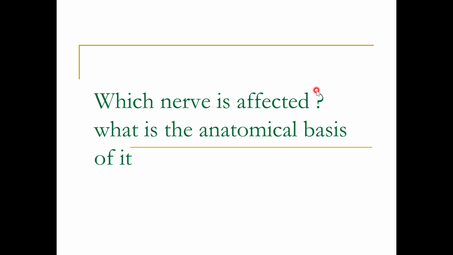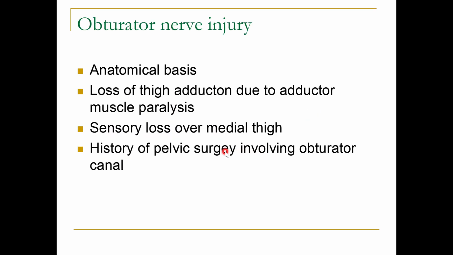So which nerve is affected and what is the anatomical basis of it? The nerve which is injured is the obturator nerve, and the anatomical basis is that loss of thigh adduction is because of paralysis of the adductor muscles, and there is also sensory loss over the medial thigh.